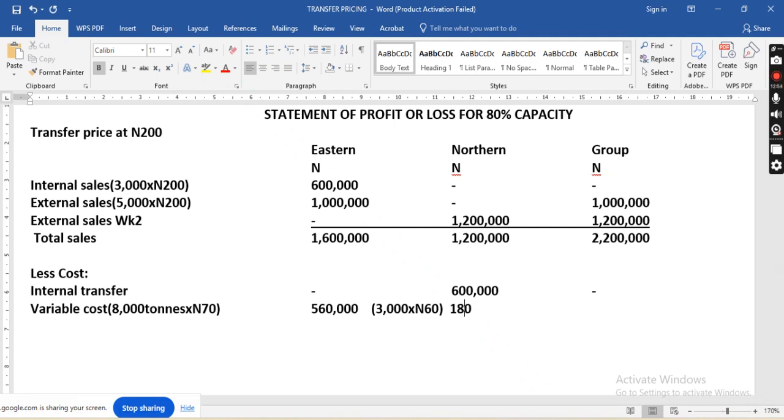180,000. So please, when you add these two together, what do you have? 740,000. Okay. Fixed cost.